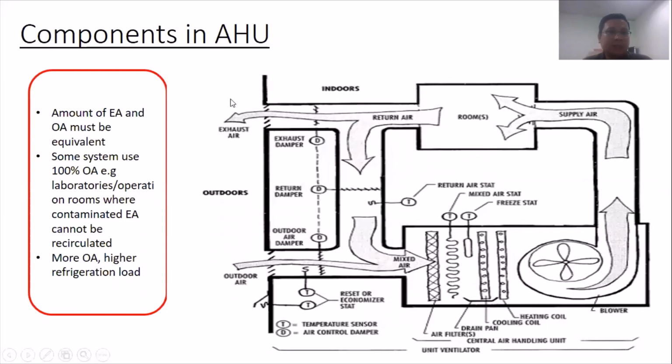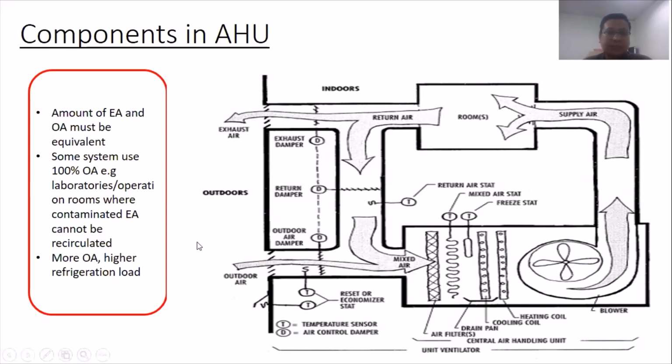Okay, this one shows the components in the AHU system. You can see how many equipment are inside here.